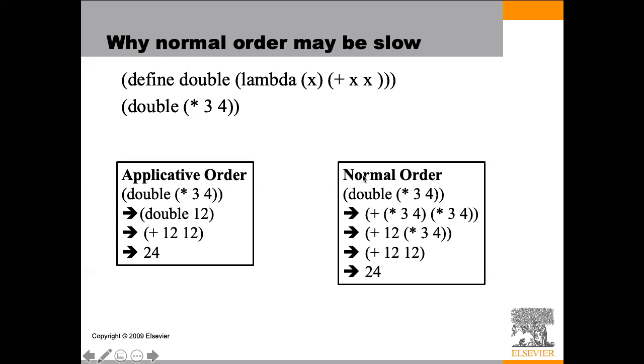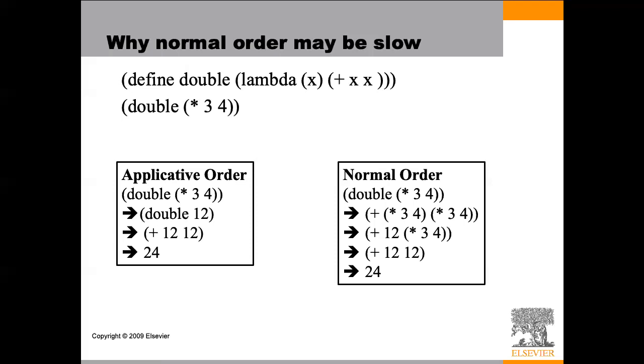With normal order, it's more like a macro substitution. So wherever you see x in the function, it's replaced with the expression that computes x. So you end up with plus times 3, 4 times 3, 4, and you perform the evaluation twice, which slows down the program.